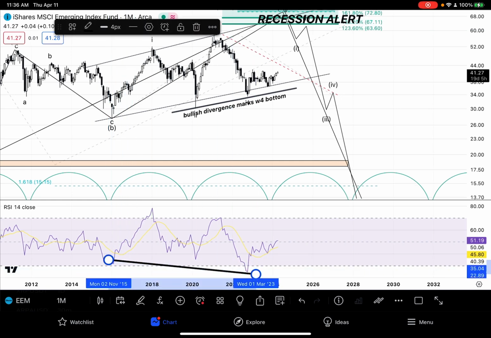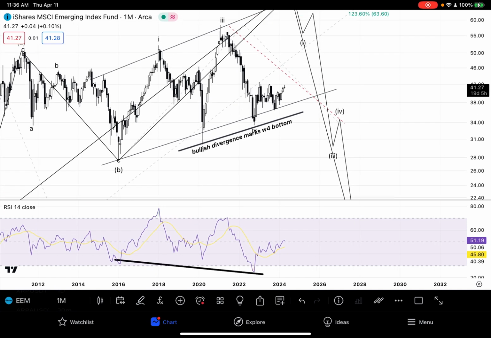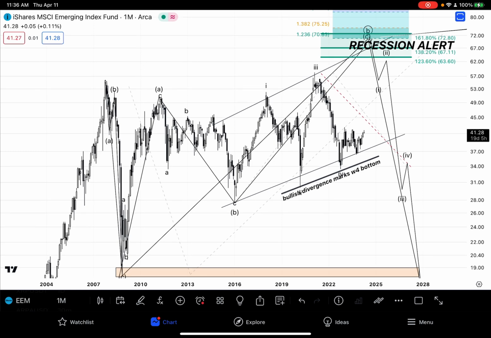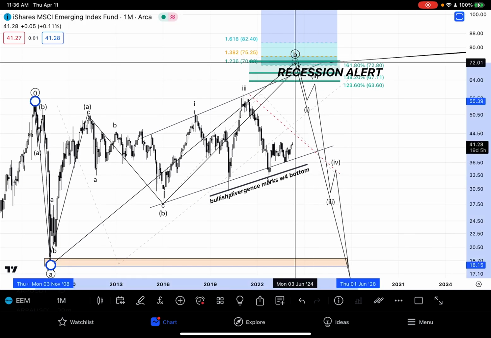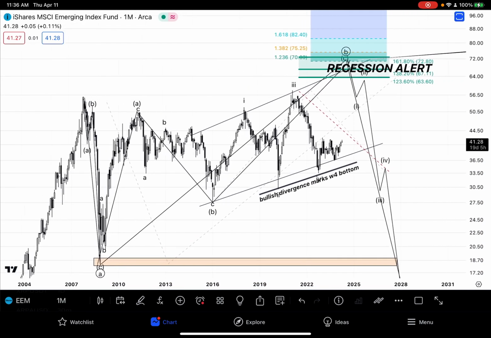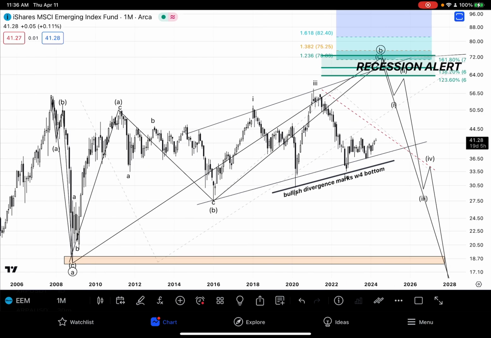So we have some bullish divergence here. Okay, so it wouldn't surprise me if we get up to the top of this ascending channel region over here to finish up our wave 5 of our C wave of our macro B wave before we have that recession, right? Because once equities crash, then it won't be good for the rest of the economy.